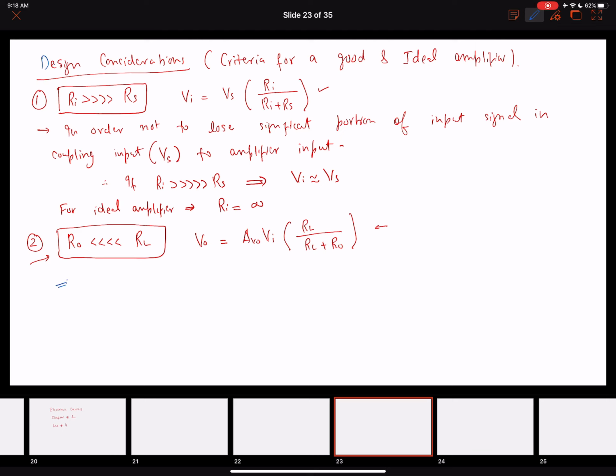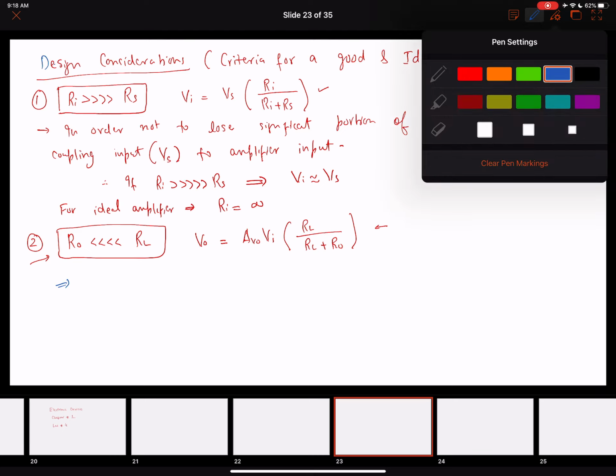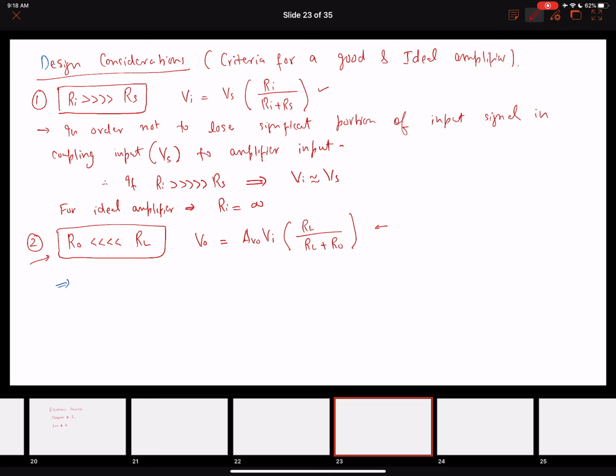Right, so over here, not to lose gain in coupling amplifier output to a load.